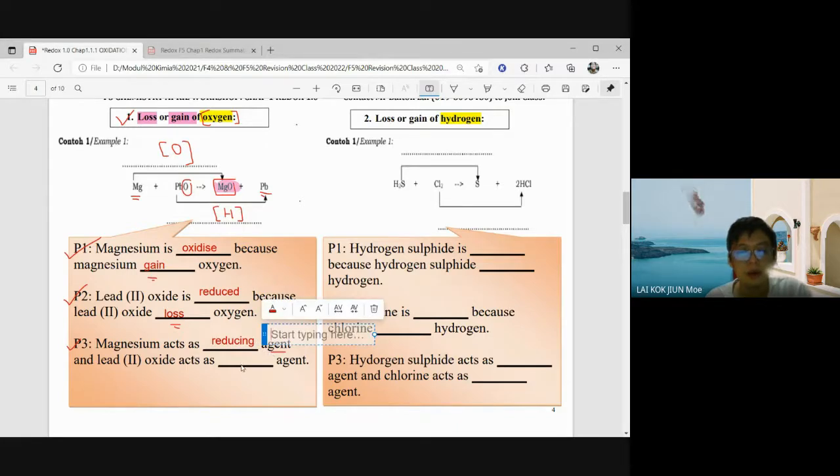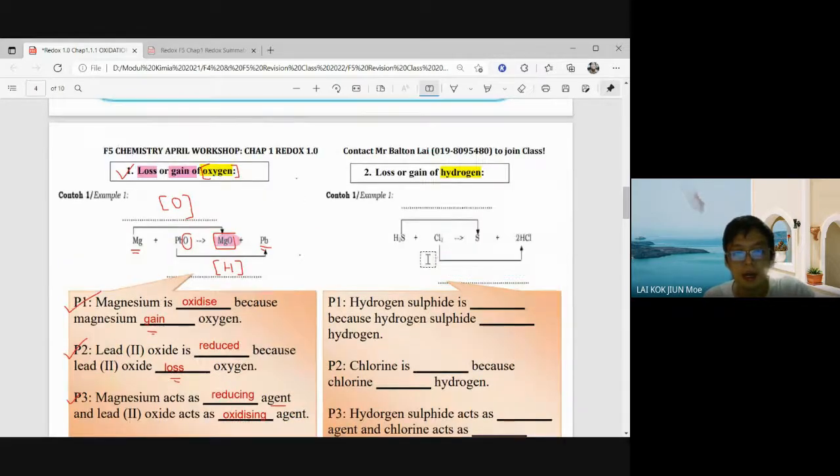Tetapi dia sendiri oxidize. Kalau agent dia tak oxidize sudah lah. Dia oxidizing agent, dia akan oxidize orang lain. Tapi dia sendiri reduce. Okay, so you have to memorize lah. Continue, Xiao Hang.